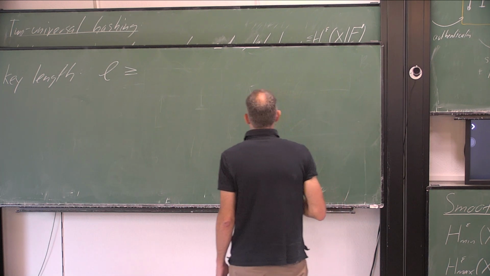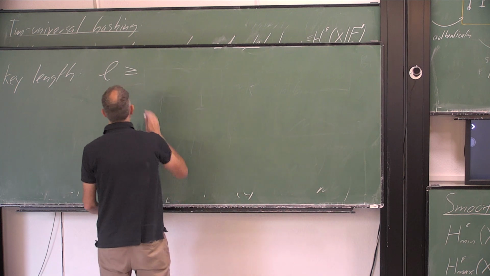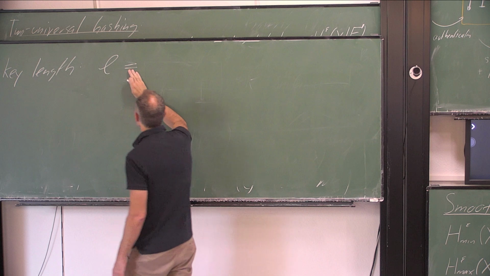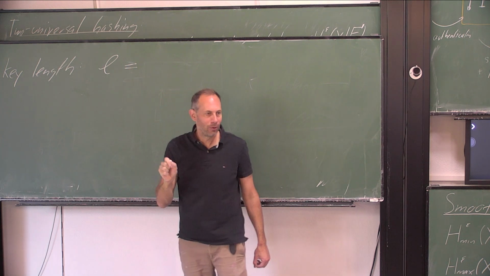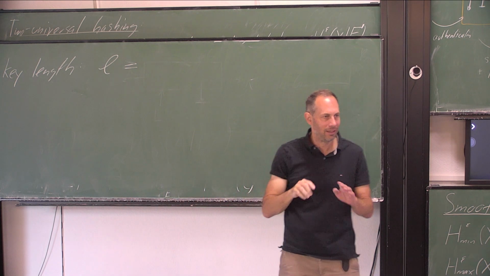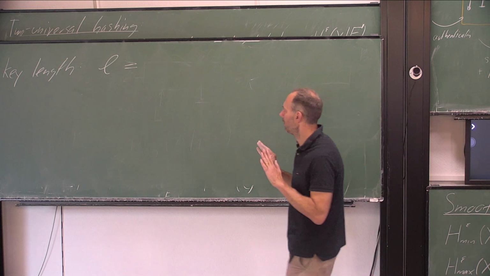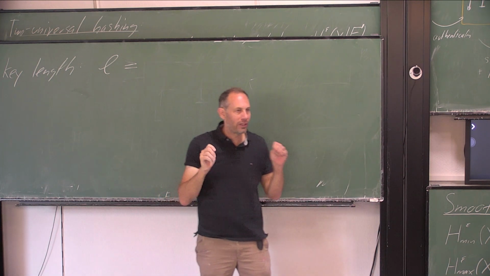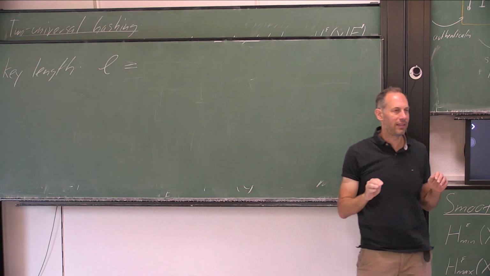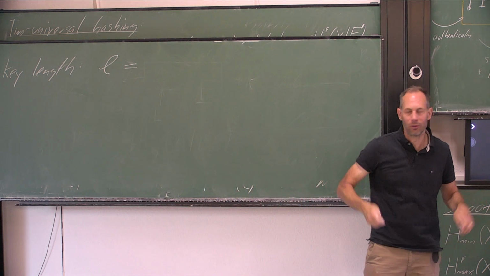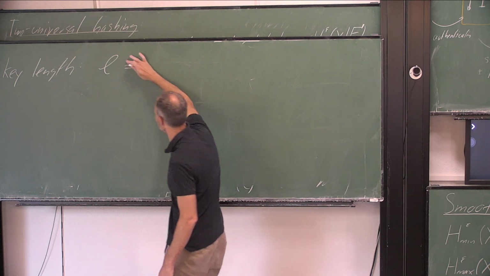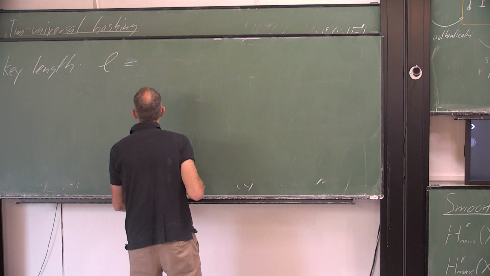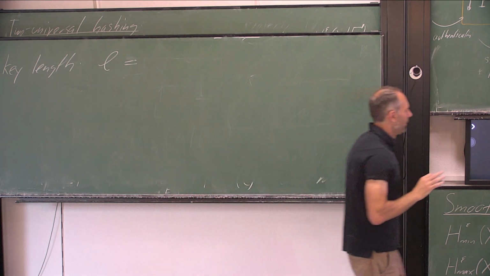Now, the key length, okay, actually I realized sometimes it's not good to put it as a lower bound because in a concrete protocol we will choose it specifically, and of course what I'm showing here is just that for that protocol it has that length. It doesn't exclude that there may be a better protocol that produces a larger length, but I don't need to say that. So for that particular protocol, I can choose the L to be of the following size.